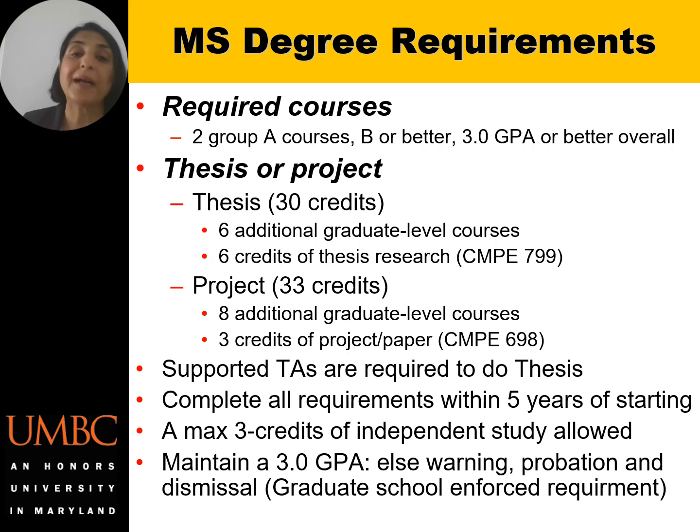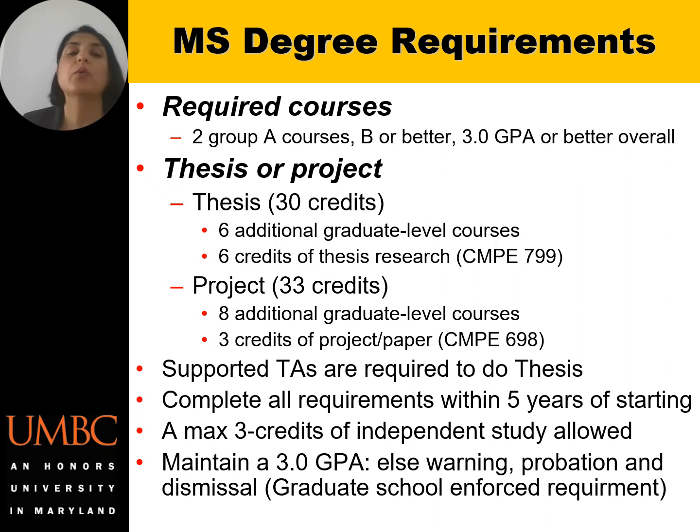Okay, what about the master requirement? For the master programs, you need to take 2 courses from list A with a grade of B or better, and you should make sure that you maintain your GPA at 3.0 or better.